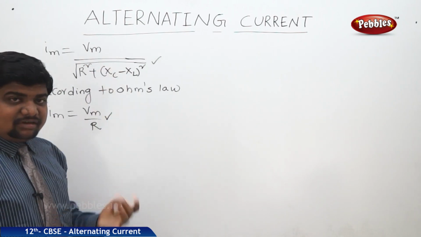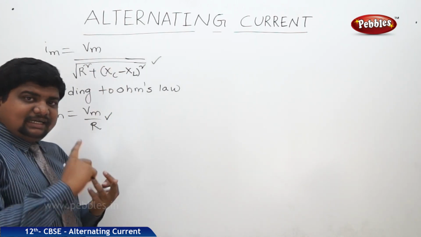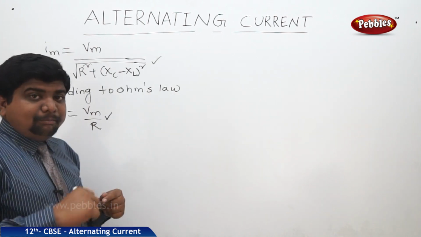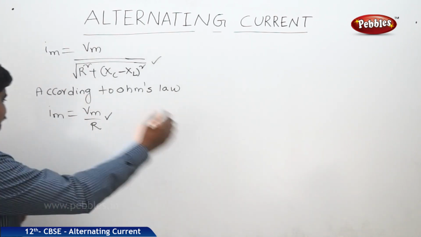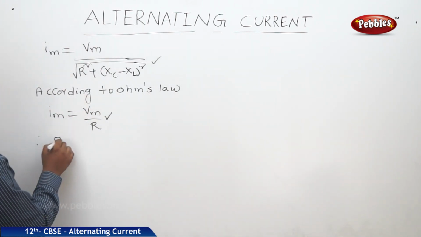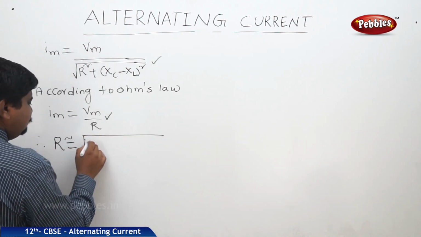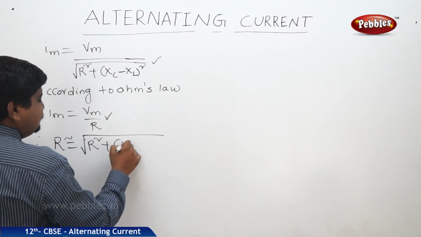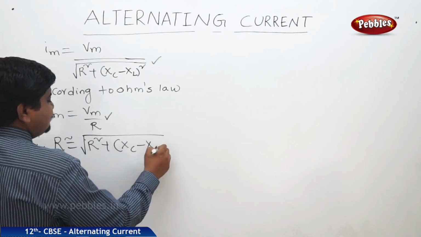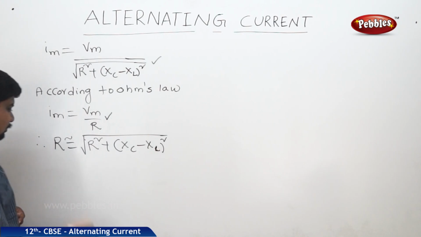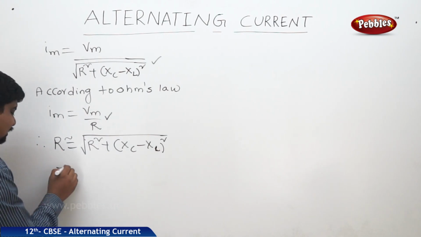It is a combination of capacitor, inductor and resistor. That's why we can say it is impedance. Therefore, R is similar to under root R square plus Xc minus XL whole square. So this is similar to impedance.